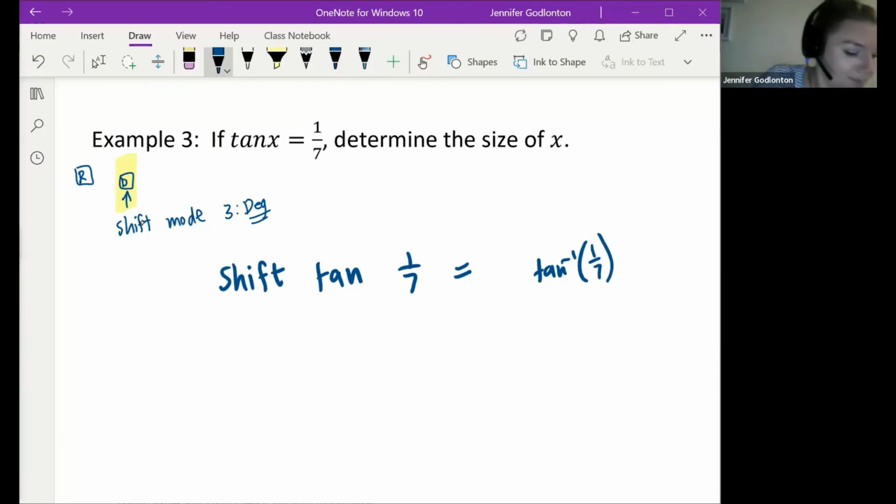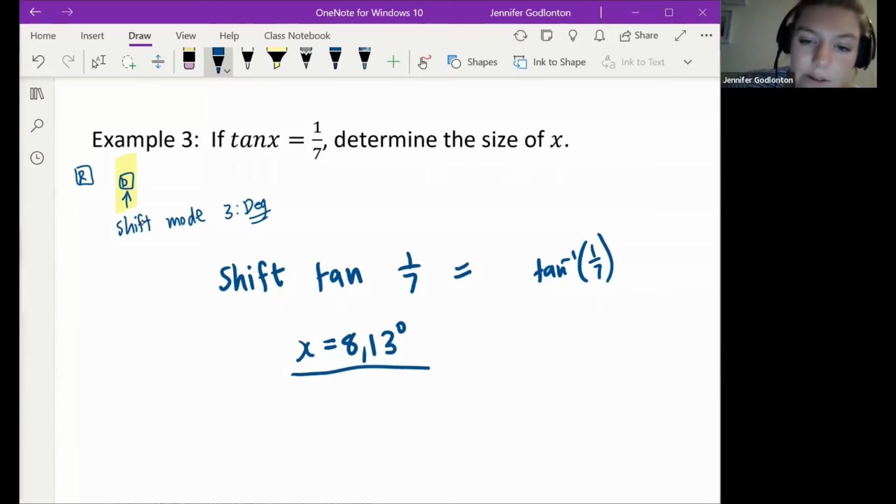So shift tan 1/7, and we get x equals 8,13 degrees. Done. Degrees. Yes, great. Good. Excellent.